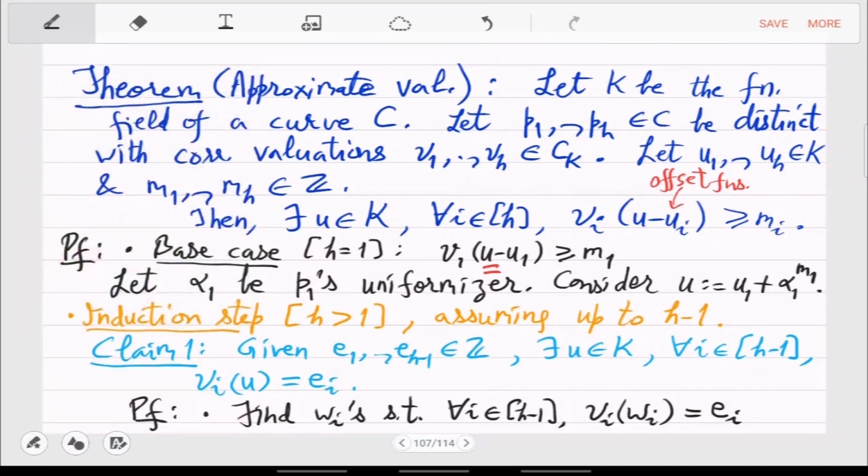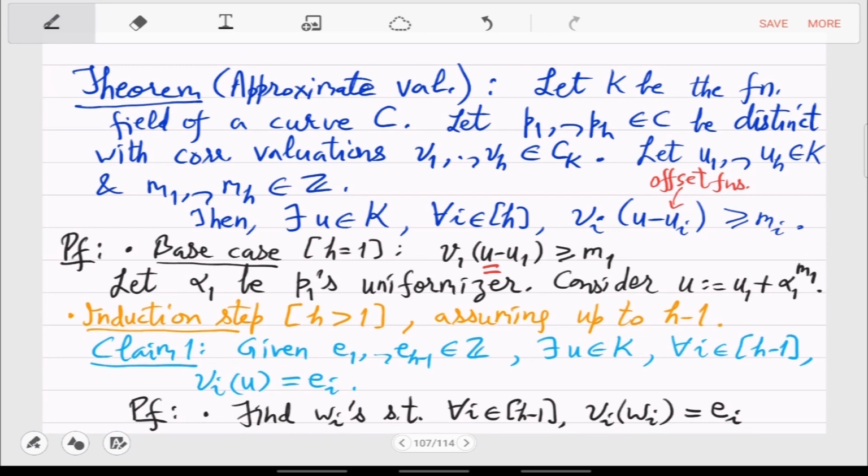So first thing we showed, claim 1, is, basically the proof will be induction on H, how many inequalities you have, how many valuations you have. Assuming that you have shown it till H minus 1, you can immediately get claim 1.